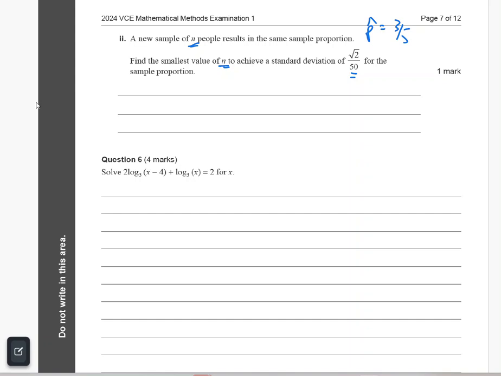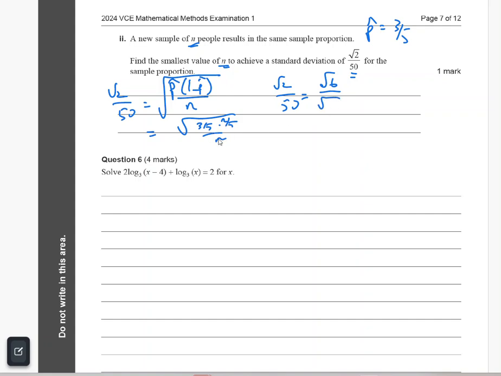Okay, so I've got root 2 on 50 equals the square root of p hat 1 minus p hat on n, which means I've got the square root of 3/5 times 2/5 on n, which is root 2 on 50 equals root 6 on root 25n, or 5 root n.